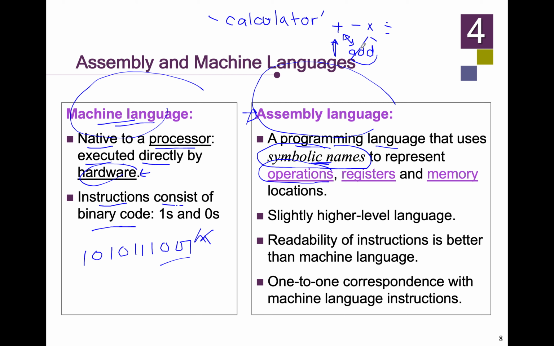If you need to do the subtraction operation, you also have a symbolic name, which is SUB. When you want to move something, you also use a symbolic name in your source code. So you're going to have several codes inside your source code.